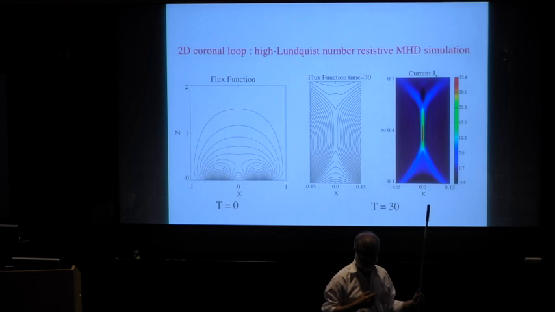then you could have the same current distributed over a longer layer, and you could begin to see some changes in dissipation. So in the Sweet-Parker problem, think about it. Eta j square. J scales like B divided by the width. The width scales like eta to the half. So if you square it, the eta cancels out. So in the limit of low resistivity, eta j square is independent of eta.